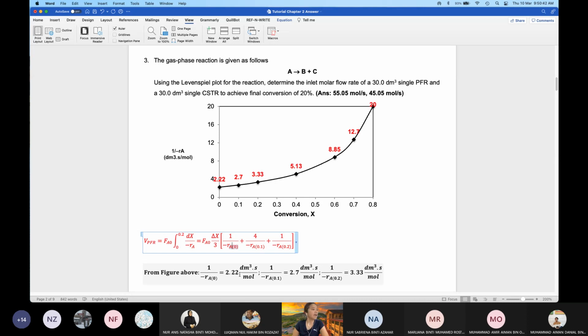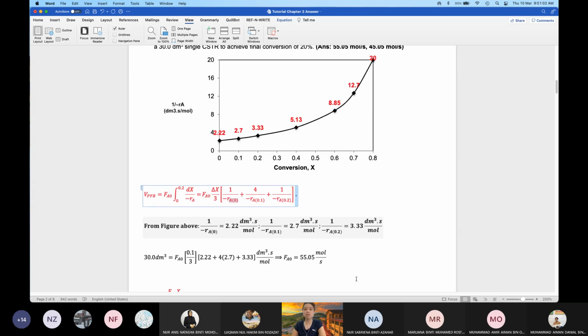Next, when my X is 0.1, my 1 per minus RA is 2.7. Next, when my X is 0.2, 1 per minus RA is 3.33. So you look from the plot, you get the value, you just substitute inside.